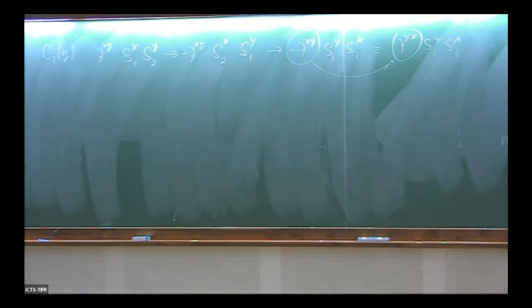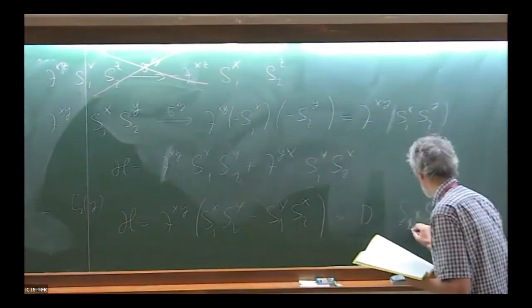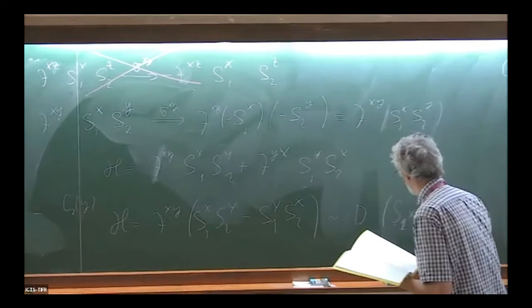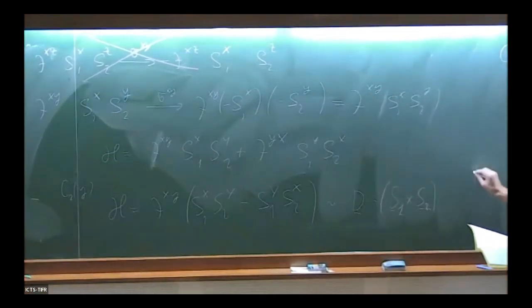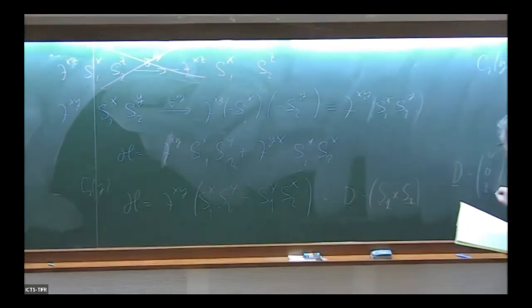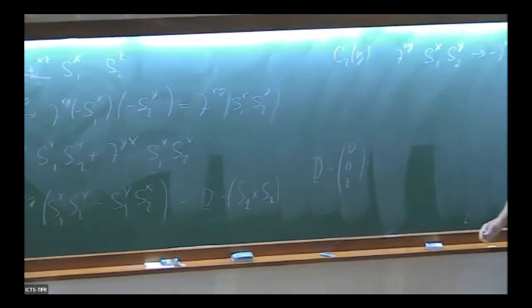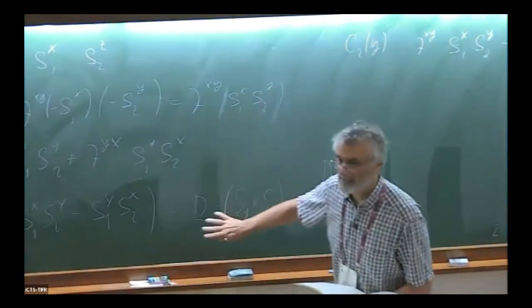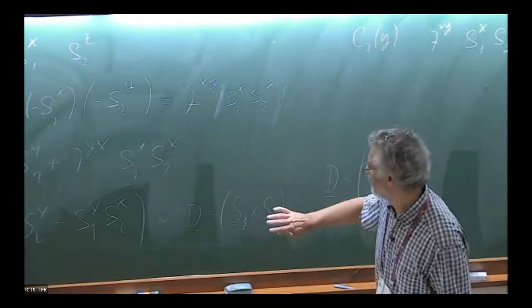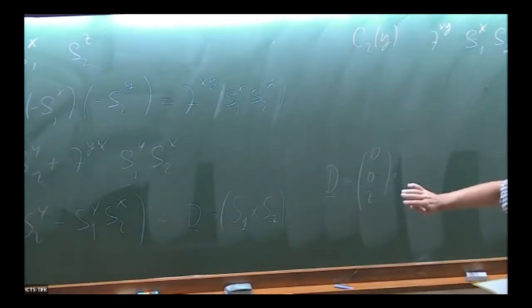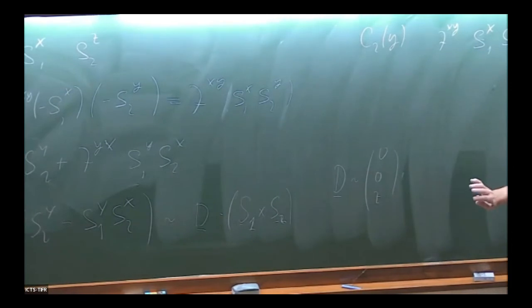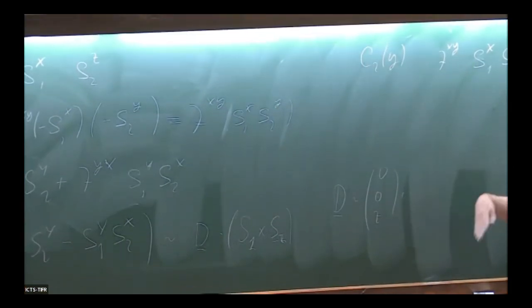And this is nothing else but the so-called S1 cross S2 times D, where the D vector is pointing like 0, 0, Z. This is the D vector. So this is how Moriya in the 50s, 58 maybe, derived the allowed symmetry Hamiltonian for the hematite, for the iron 2 oxygen 3.